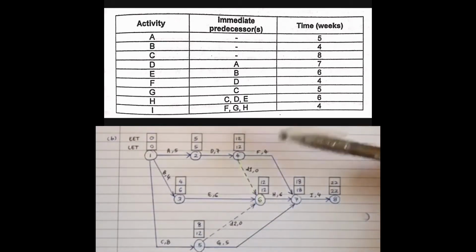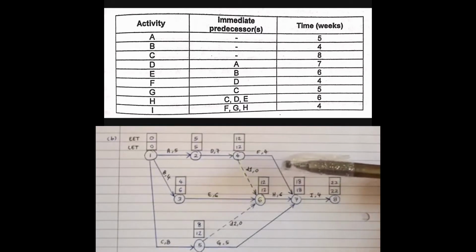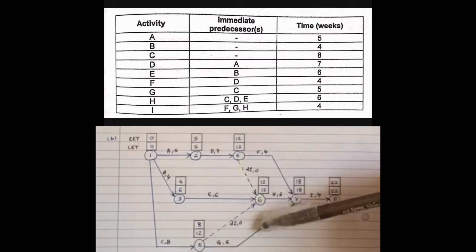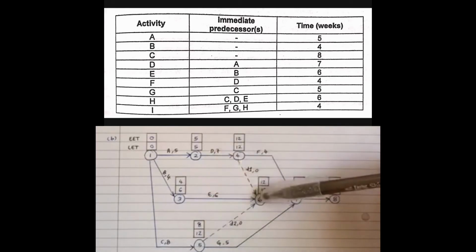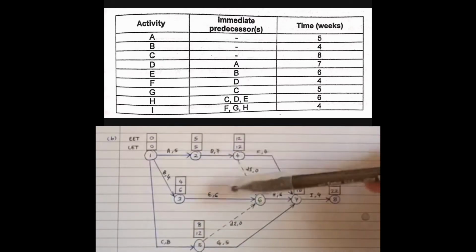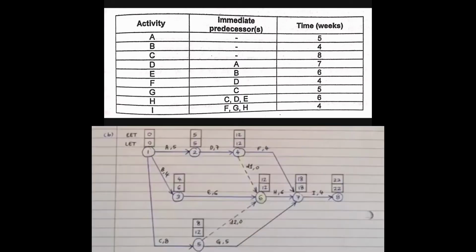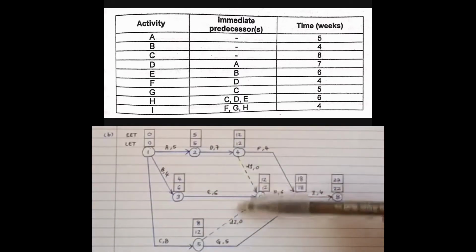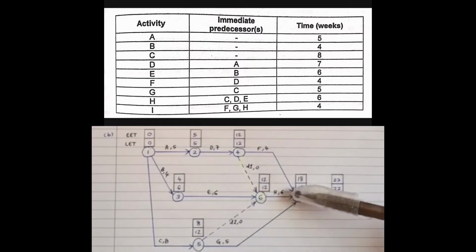Therefore, to show the sequence or relationships of the activity, we need to insert dummy. So we will insert dummy from node number 4 and node number 5 to represent C and D and E that's still available. So we will end C, D and E at node number 6 to start activity H, duration time is 6.